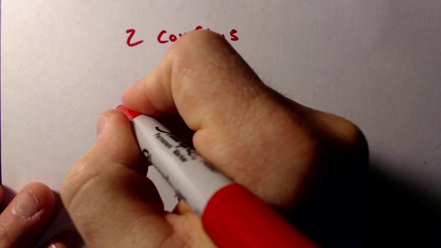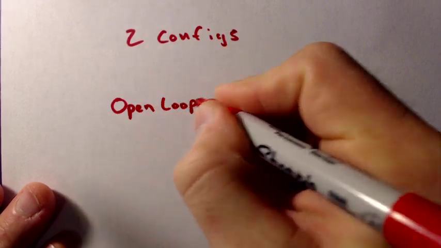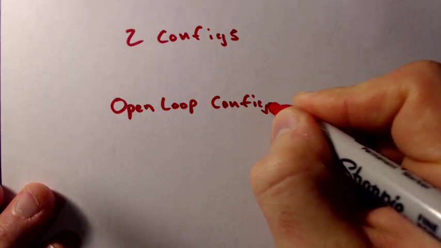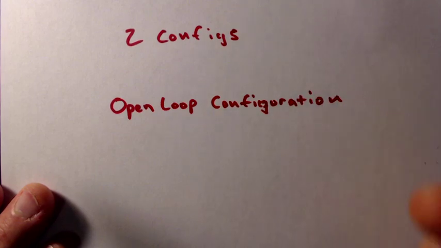The first one is going to be the open loop configuration. And the second one is going to be the closed loop.